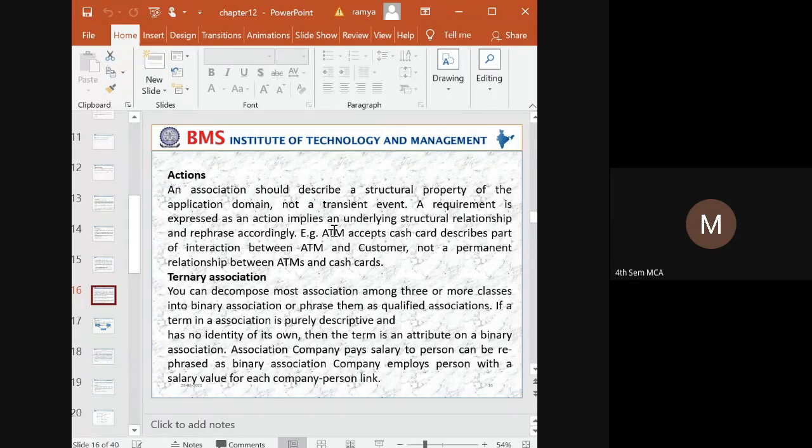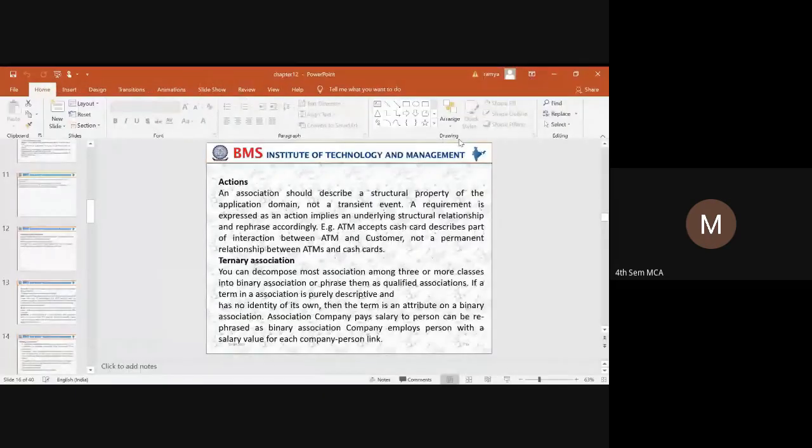Only when a customer requires an amount, when he wants to make a transaction, at that particular point of time, there is a relationship between an ATM and a cash card. Once the transaction gets over, there will be no relationship between an ATM and a cash card.